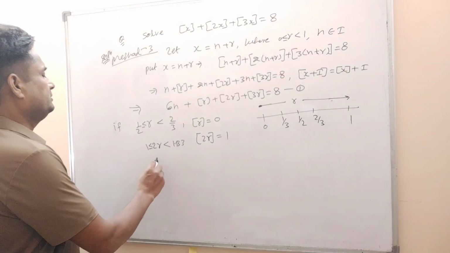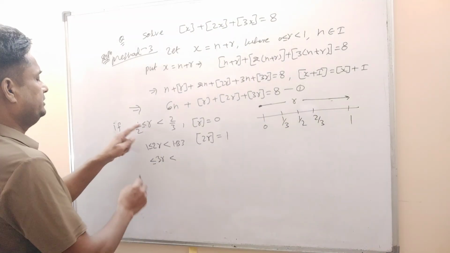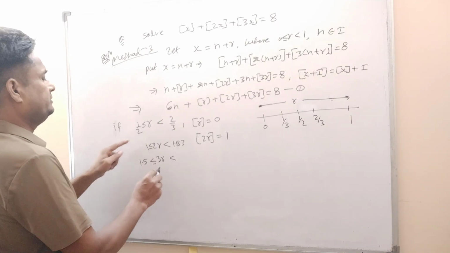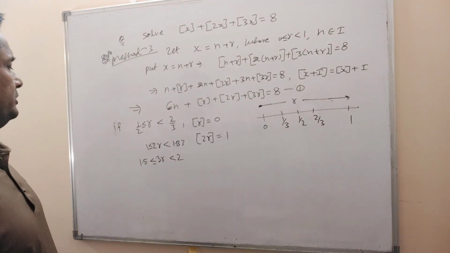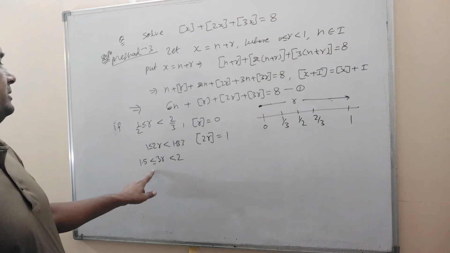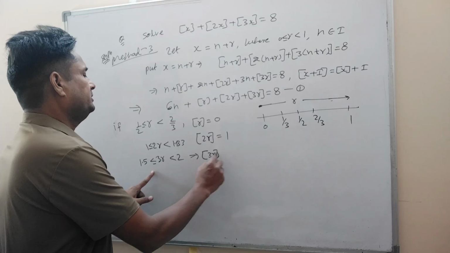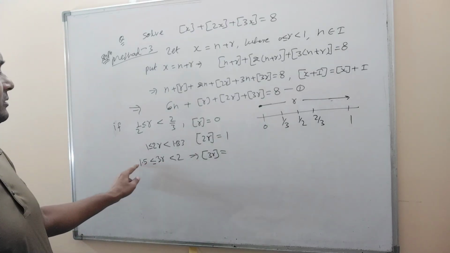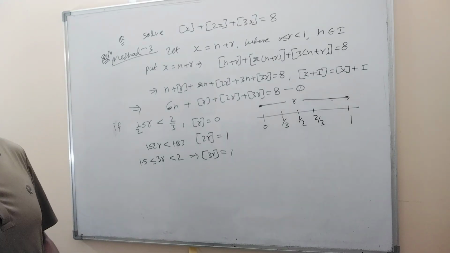Right? And 3r will lie between what? If you multiply here by 3, it will be 1.5 to 2. So what will be the greatest integer of 3r? If you take the greatest integer of this one, it will also give 1.